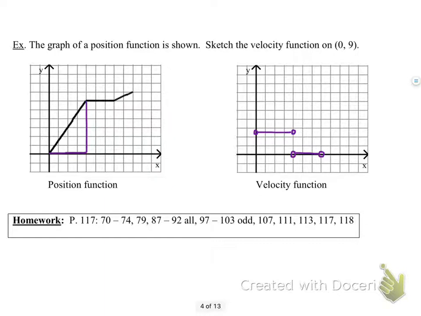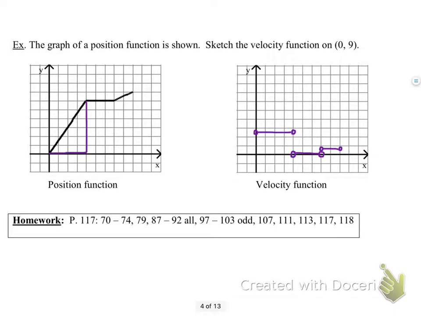So our velocity function looks like that. Notice that our velocity function is undefined at our corners. That should bring you back to remember that a function is not differentiable at corners.